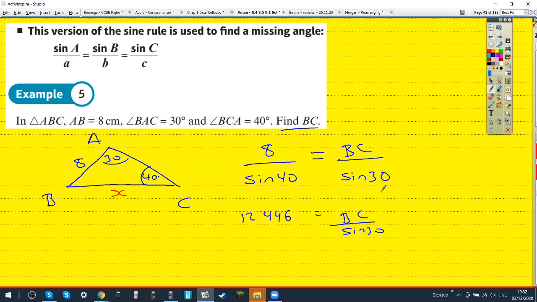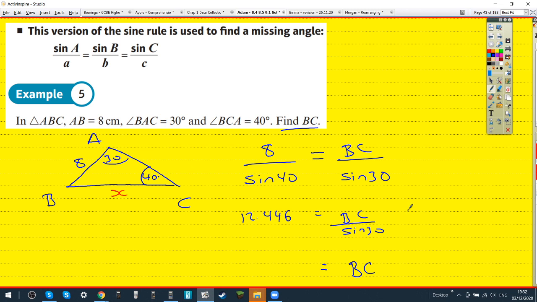Could you multiply both sides? Yep. You're trying to get BC by itself, multiplied by sine 30. Yep. So it'd be 12.446 sine 30 equals BC. Then you'll work that out in the calculator.